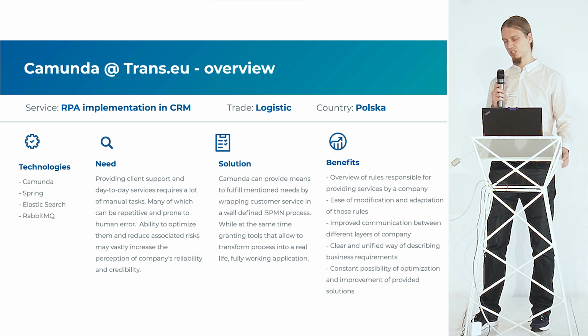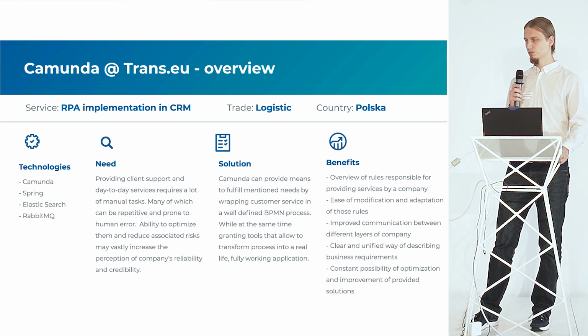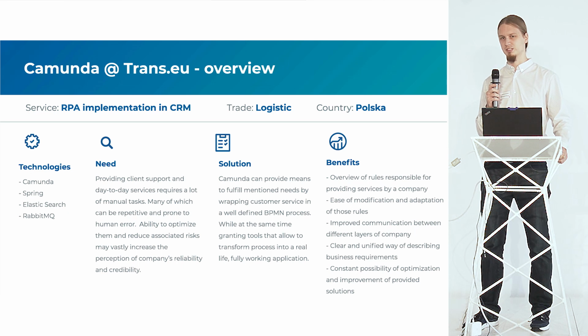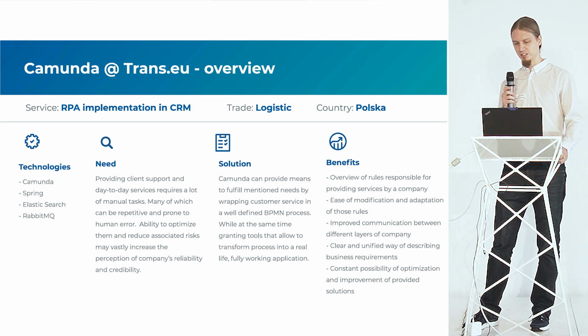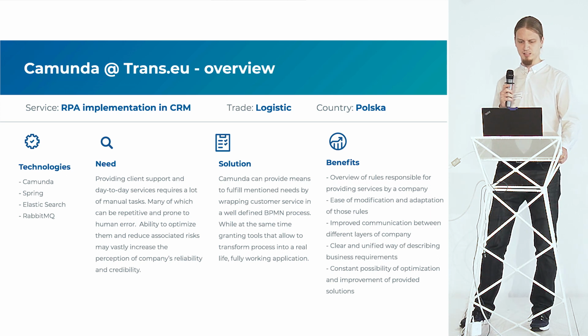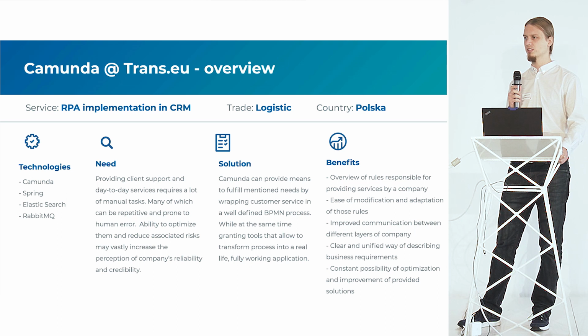And this is a special case for the logistics business. Also, the human tasks for the consultants tend to be very repetitive, which also does not help when it comes to reliability. And what we wanted to do is to transform all this stuff that humans do into process models. So the solution for our issue was wrapping the customer services into BPMN processes.